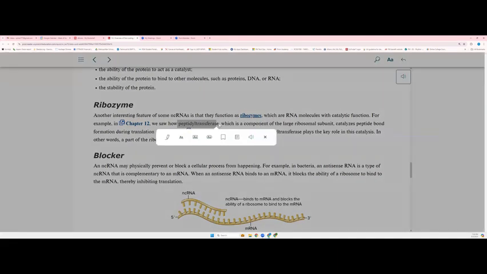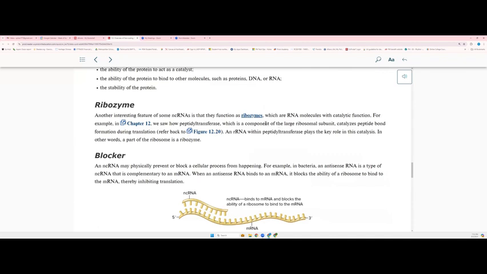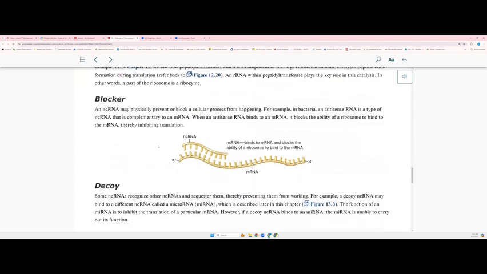It is a component of the large ribosome subunit, and it is a complex of RNA and proteins. The RNA within this complex plays a very important role as a catalyst.